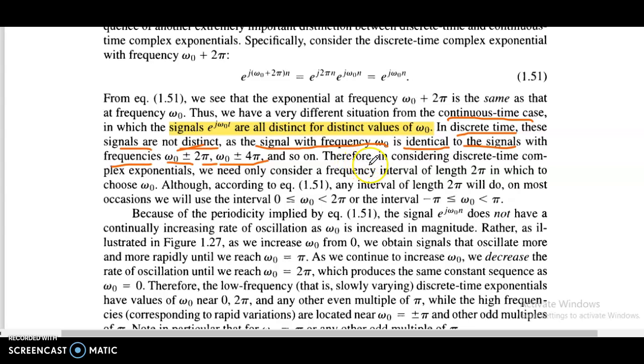Therefore, in considering discrete-time complex exponentials, we need only consider a frequency interval of length 2π in which to choose ω₀.